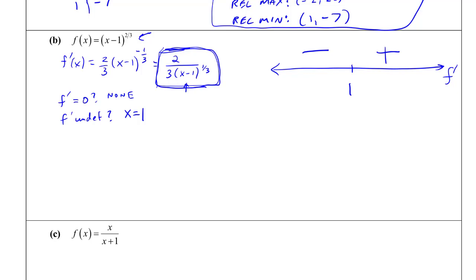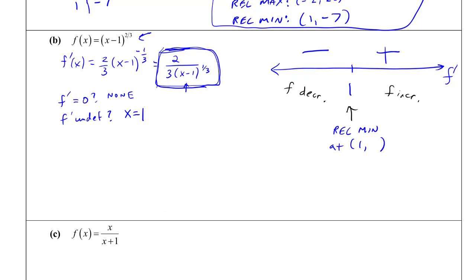So that tells me that f is decreasing there, f is increasing there, and it also tells me what's happening at 1. It was decreasing before and increasing after, so it bottomed out there, and that's a relative min at 1, something.